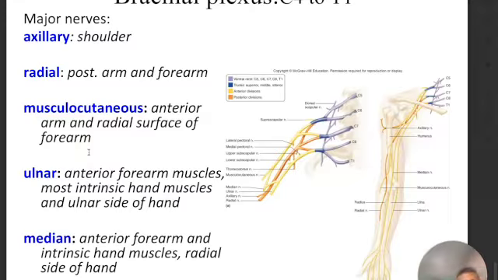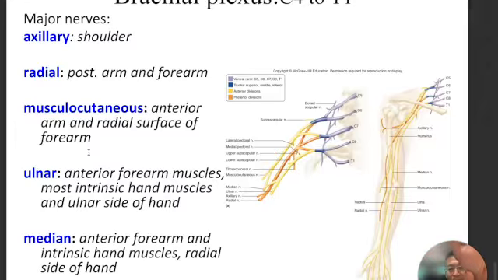So read through it. Okay, axillary. Let me see if I can turn this. It's your shoulder. Okay, the radial nerve is the posterior arm and forearm. Okay, where's the posterior? It's the back of the hand. Okay. Musculocutaneous is the anterior arm and the radial surface. Where is the radius?